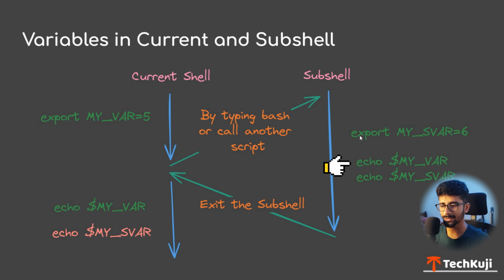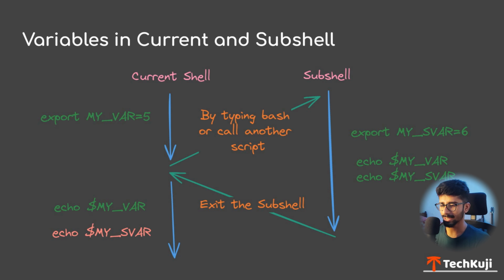Now in the subshell we also define another global variable: export my_svar equals 6. This is a global variable in the subshell. Now we can print both of the global variables here. If in the subshell we update my_var from 5 to any other value, it will only affect the subshell. It will not change the actual global variable value.